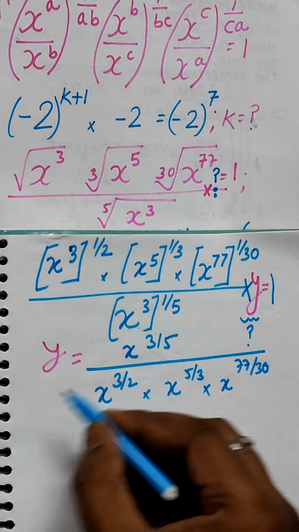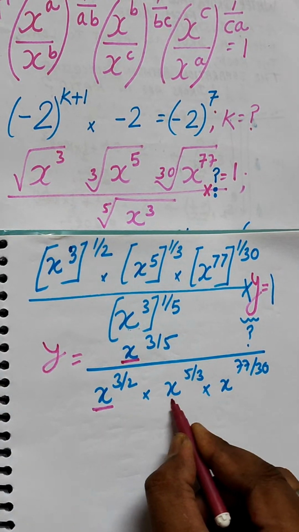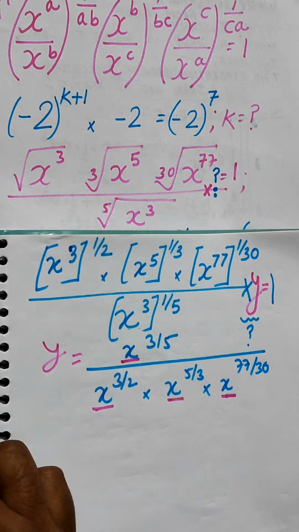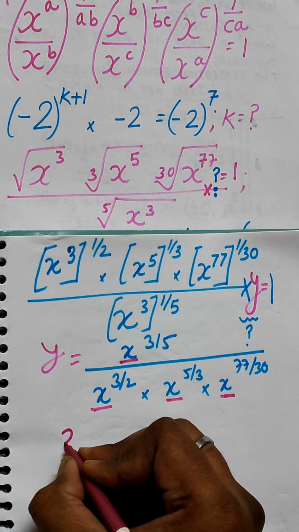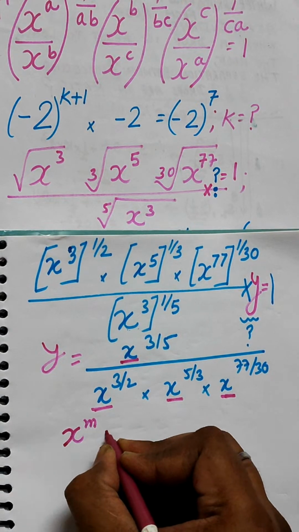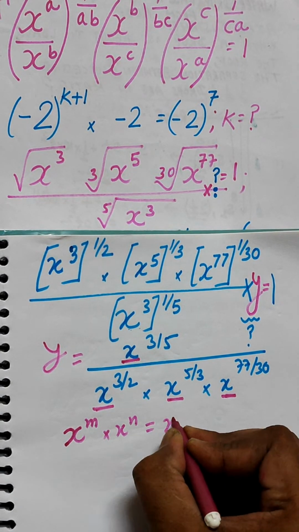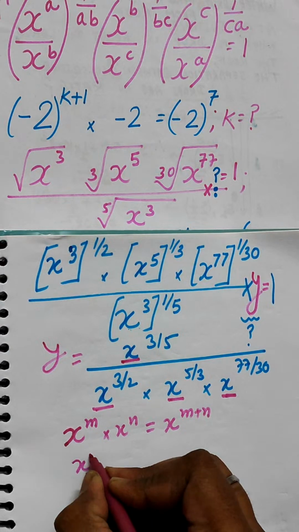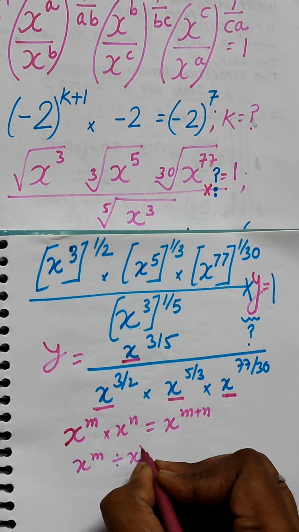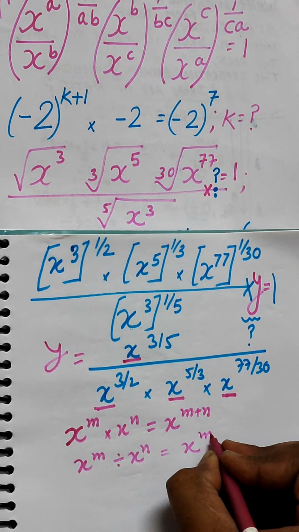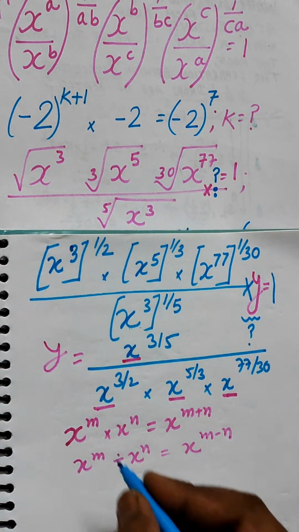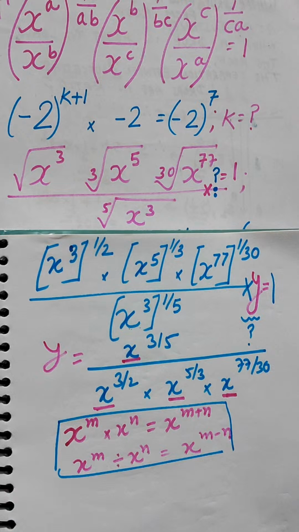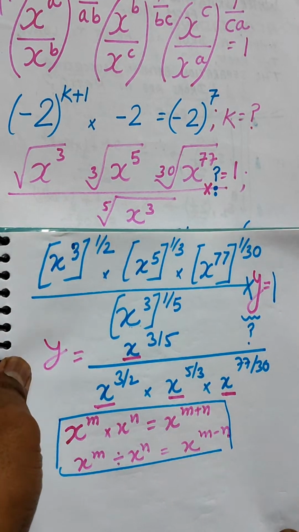All the bases are the same over here, x. So simple arithmetic calculation will follow, because we know the formula that x power m into x power n equals x power m plus n, and x power m divided by x power n is x power m minus n. We will be using this formula over here, the same which we have already used in the last steps.